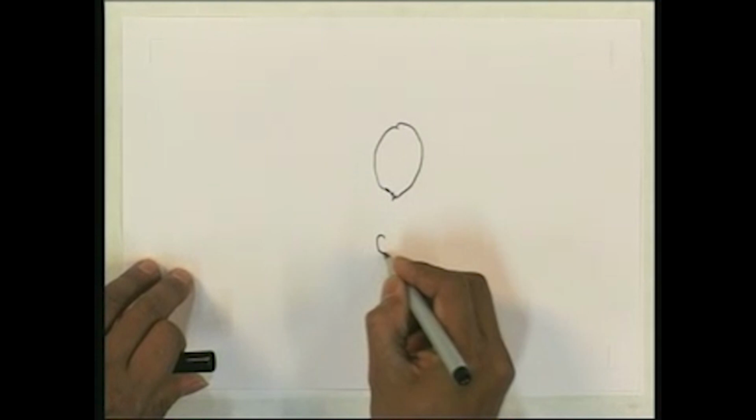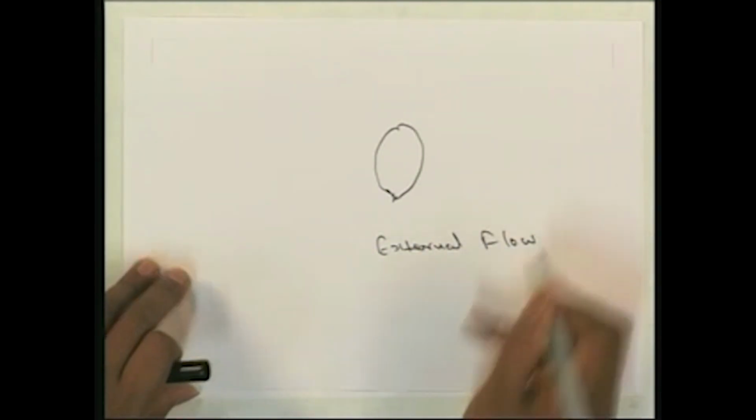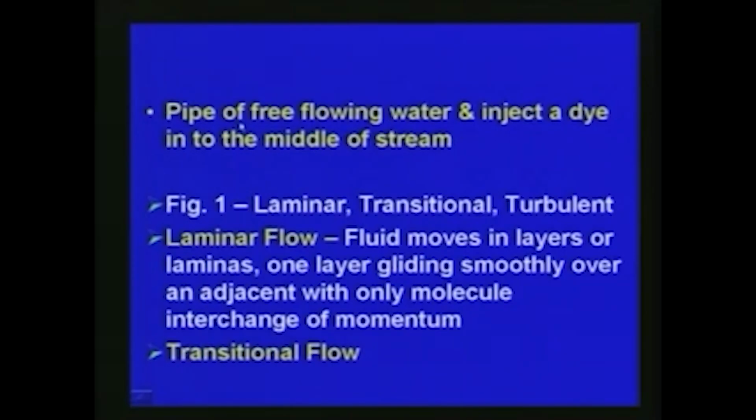This is the case of an external flow. So as far as laminar and turbulent flow is concerned, whenever we discuss these kinds of problems, we have to see whether the flow is external or internal. Now, for a pipe of free flowing water, say we inject a dye into the middle of a stream.